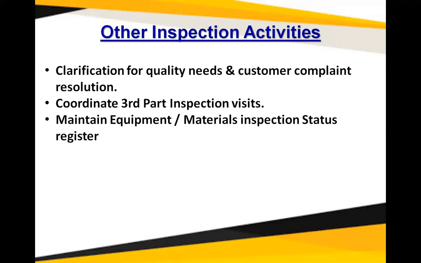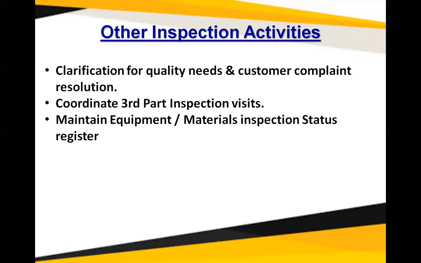Then maintain the equipment material inspection status register. For a project-specific inspection, he has to maintain the register of which inspections are completed and at what stage the various equipments are.